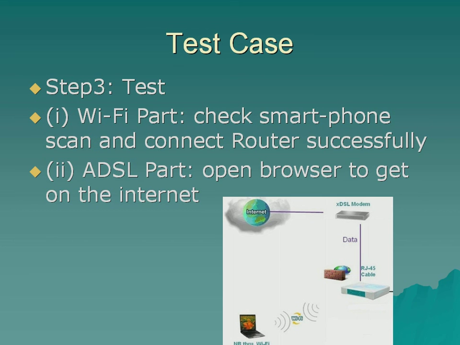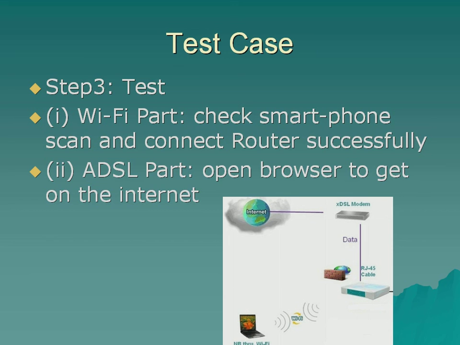I separate the test into two parts. One is the Wi-Fi test. The other is the Ethernet test, also named the ADSL part. You can use your smartphone to scan the Wi-Fi LAN.